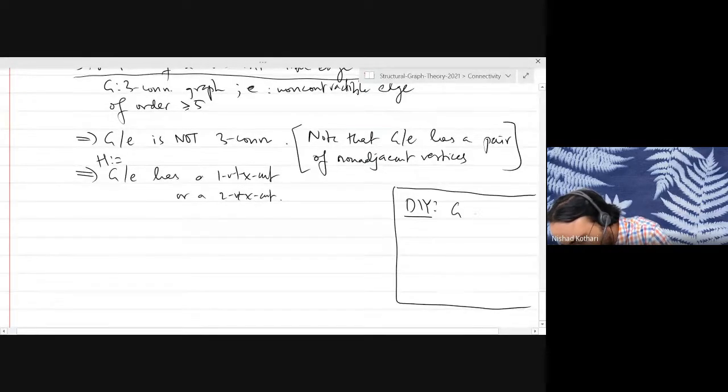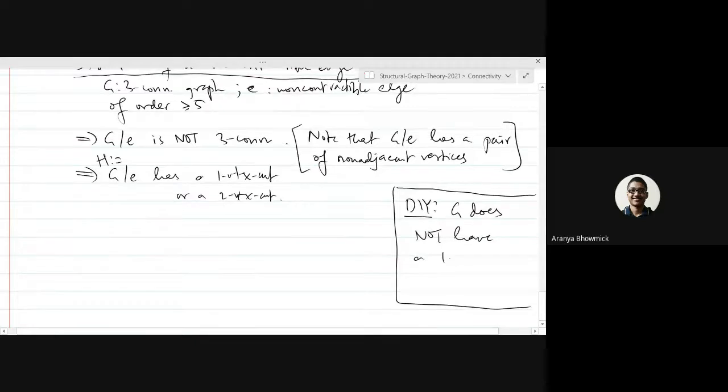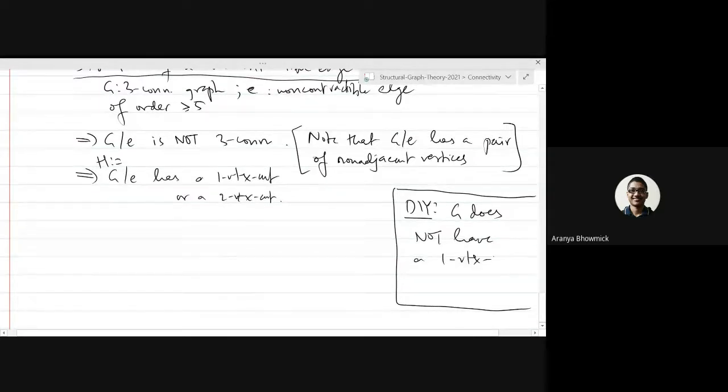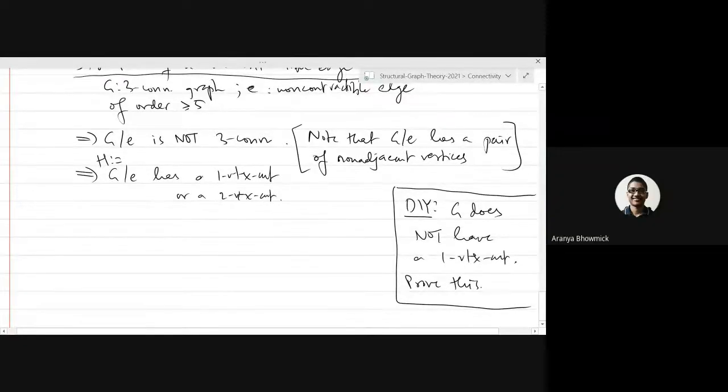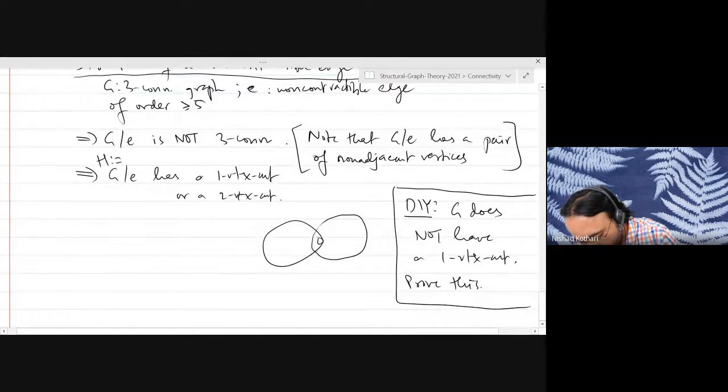H does not have a 1 vertex cut. This is because if H has a 1 vertex cut, then G will have a 2 vertex cut, which is a contradiction.